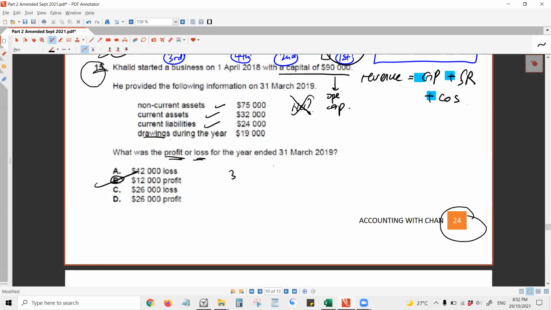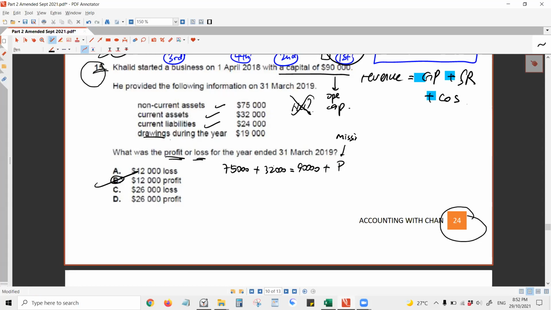So put into that equation NCA, sorry, I copied the wrong figure. NCA plus CA, then opening capital plus profit for the year, which is the missing figure.